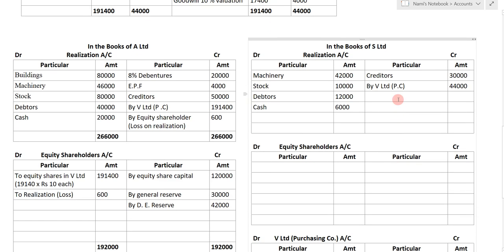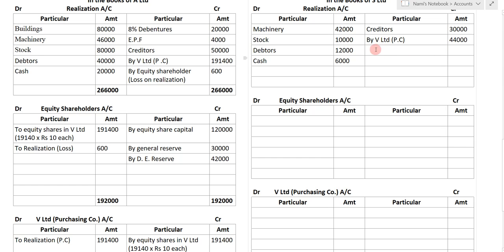Okay, now the next effect of this purchase consideration should go in the V Limited account, that will be called as to realization, PC. PC stands for purchase consideration 44,000.